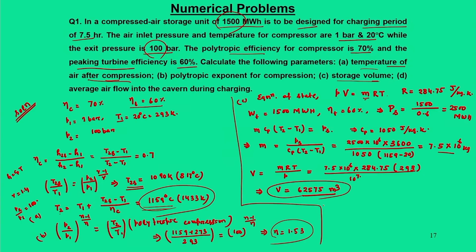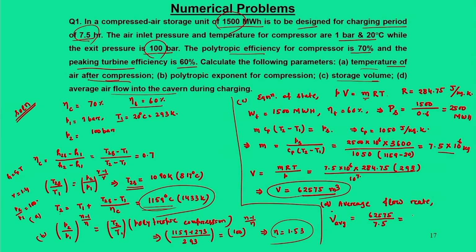The last part of this analysis is: what is the average flow rate of air into the cavern during charging? Basically, our charging period is 7.5 hours. So, the average flow rate can be 62,575 divided by 7.5.